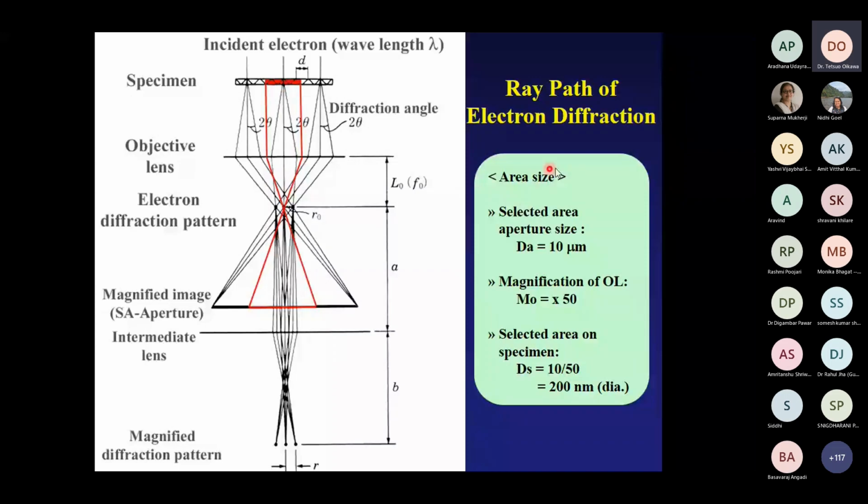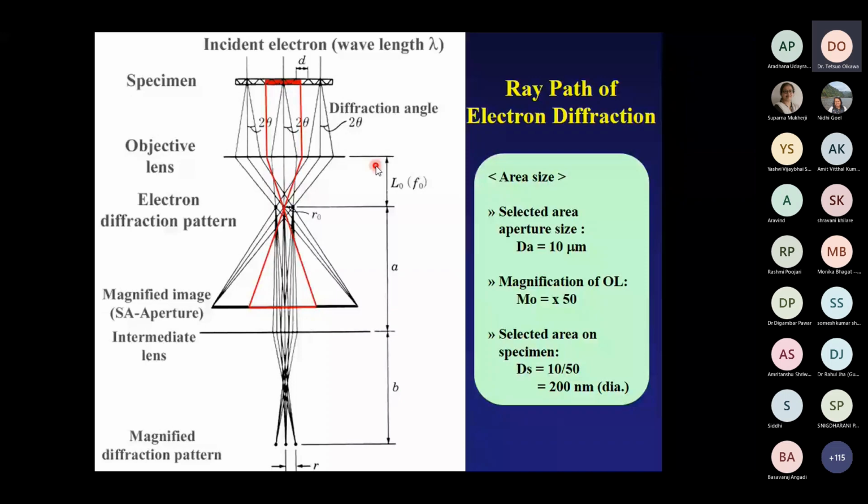If we apply a 10 micrometer diameter selected area aperture, with the objective lens magnification being 50 times in general, then the real area becomes 200 nanometer diameter at the specimen position, like this. This is the selected area aperture.